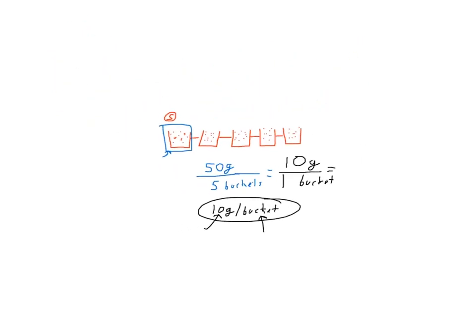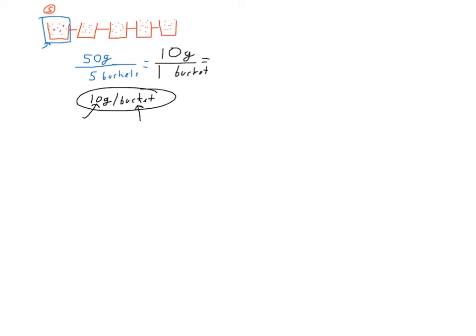Now, turns out we don't always compare things to buckets in science. In fact, the size we like to compare masses to for density is actually a centimeter cubed. So, for example, if I built a little box, we've talked about these in science a lot before, and it had a volume of a centimeter by a centimeter by a centimeter, you guys would know, multiply those together, and you would end up with a volume of 1 centimeter cubed.